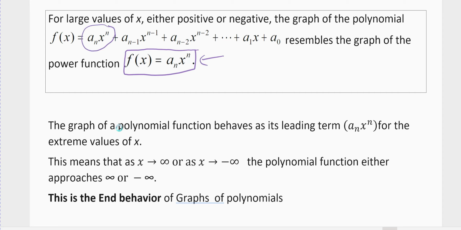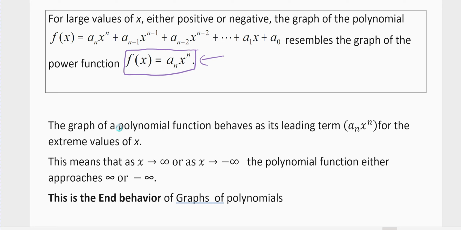This guy is growing so much bigger so fast, it overwhelms all of these guys and they don't matter. So even though it's more complex than that, the shape of the end behavior of my graph is the same as the end behavior of just the leading term. And so that helps me out. That means all I have to do is know what the leading term is doing, and that'll tell me what my end behavior is doing.